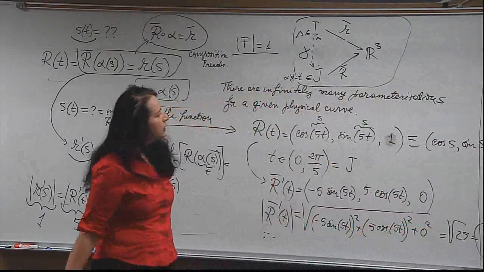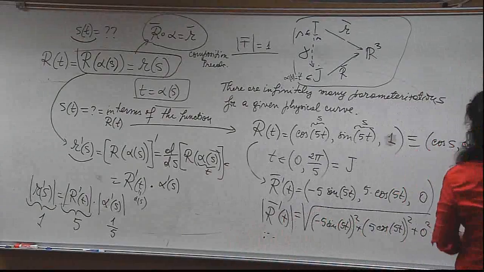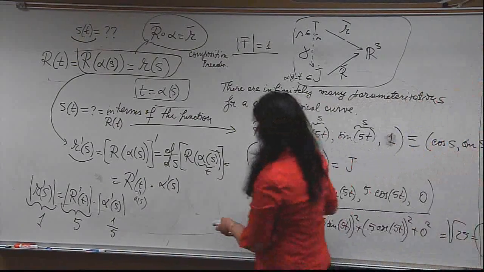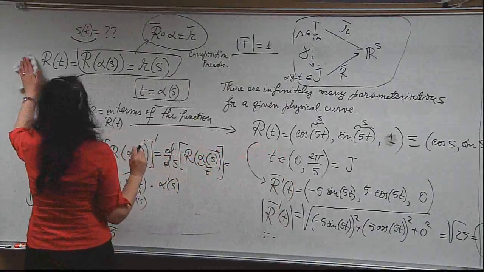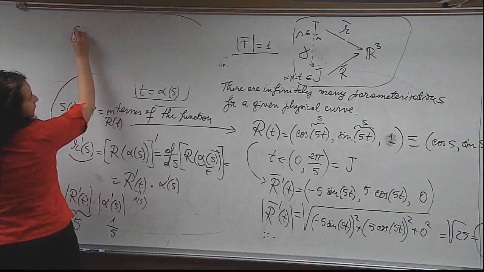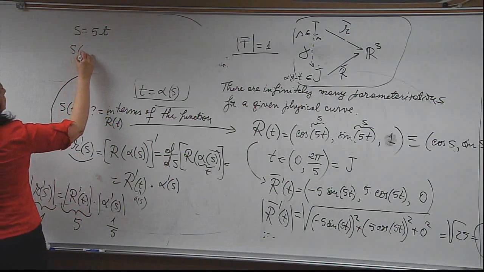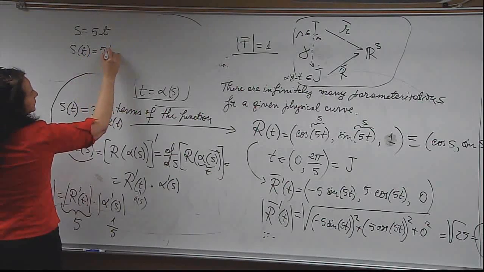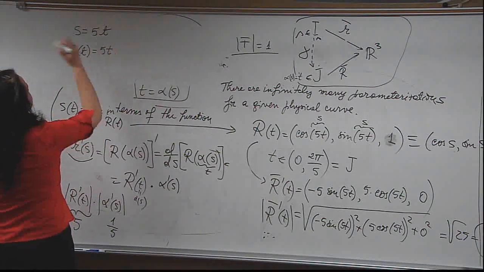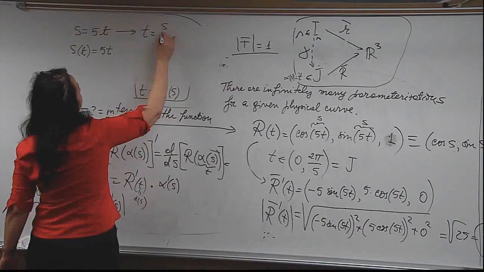So what is the correspondence between s and t? Since s is 5t in this example, I'll put it here. I'll say s of t is 5t. And what is t in terms of s? t in terms of s is s over 5.